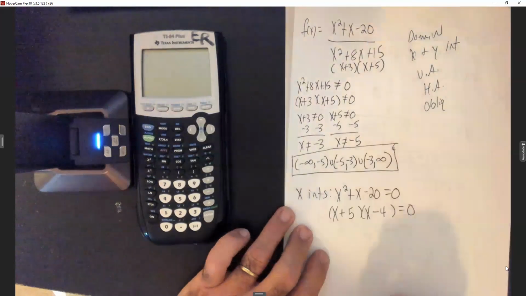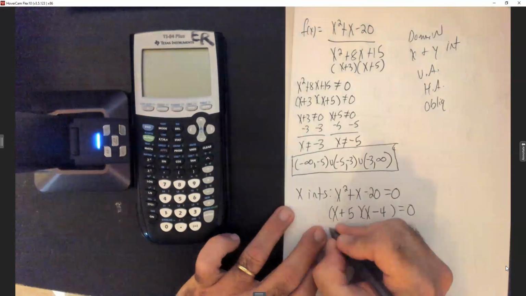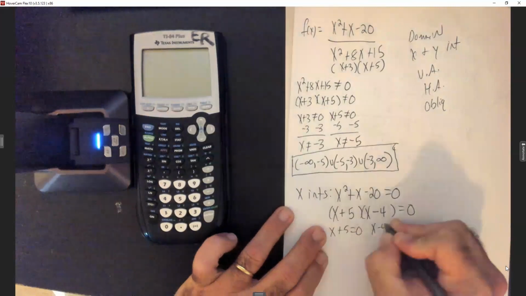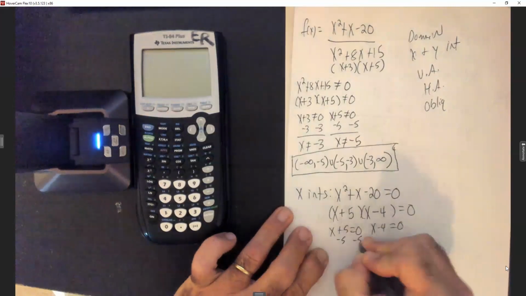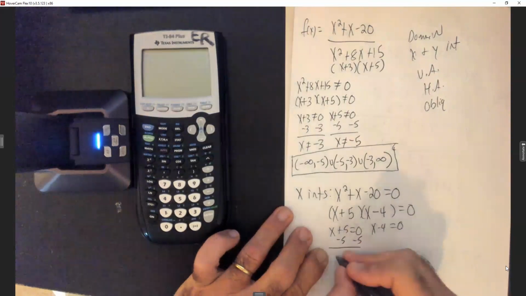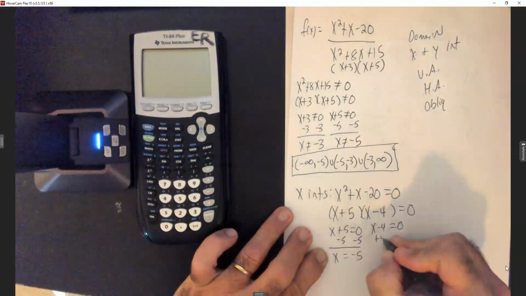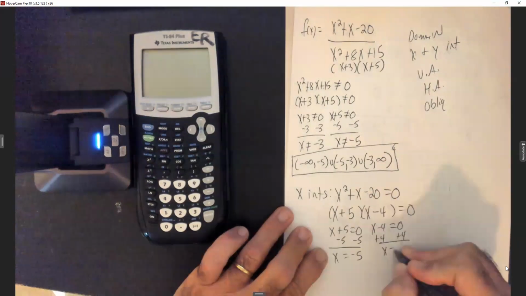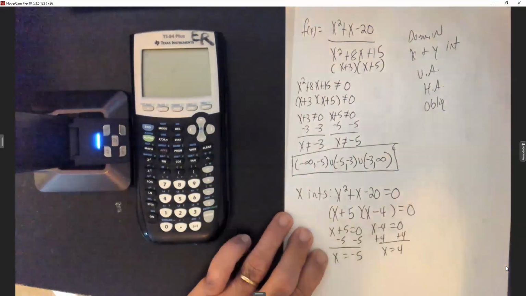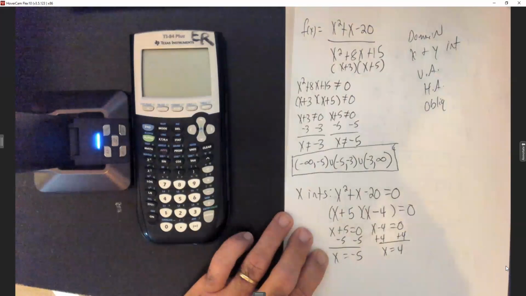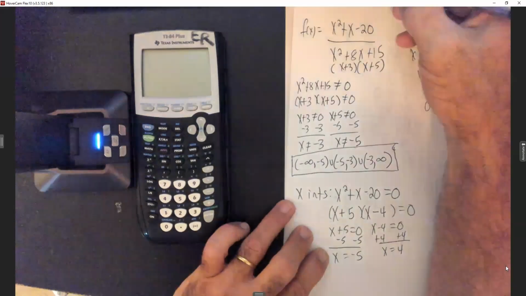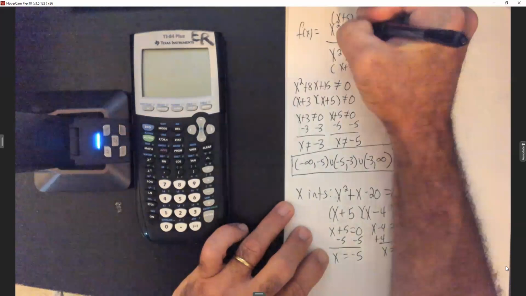So that when I solve these, this one will give me a negative 5, because I want to subtract 5 from both sides. This one will give me a positive 4, so I get x equals 4 and x equals negative 5. But remember, the top was x plus 5, x minus 4.